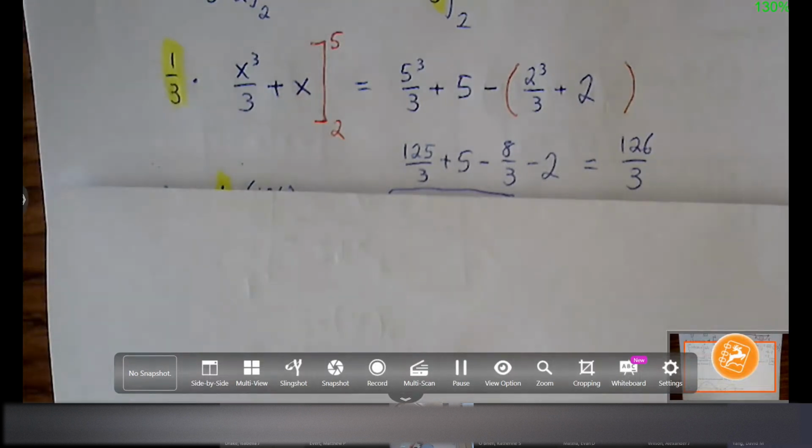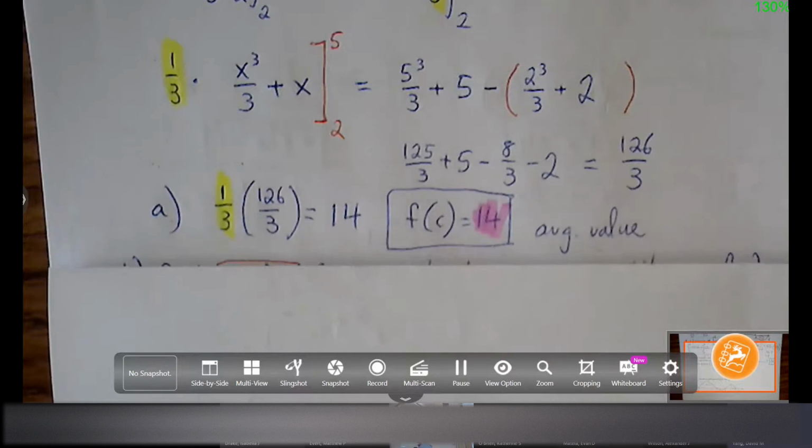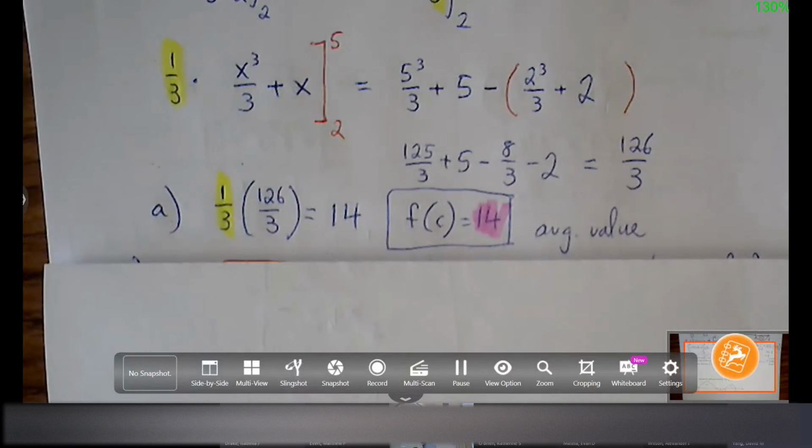The 126 over 3 is the area, but I highlighted that 1/3, we still got to take care of that 1/3. Area divided by the width is the same thing as area times 1/3. You guys get 14? Okay, good.